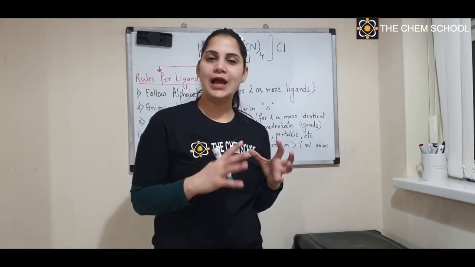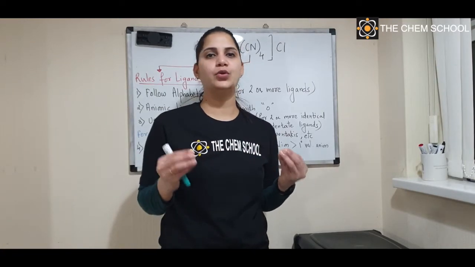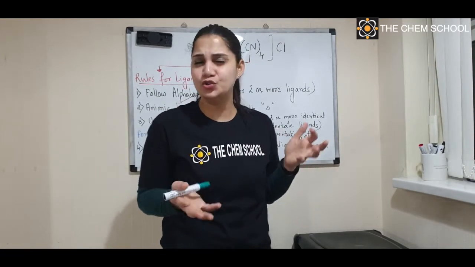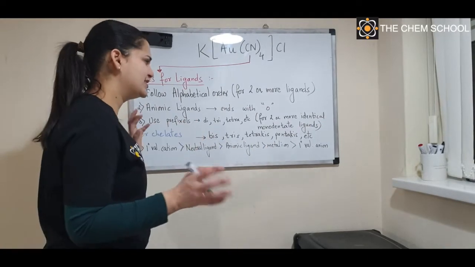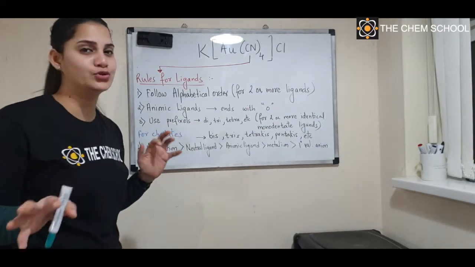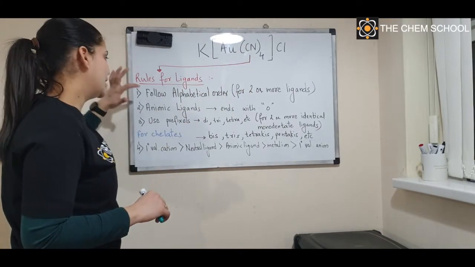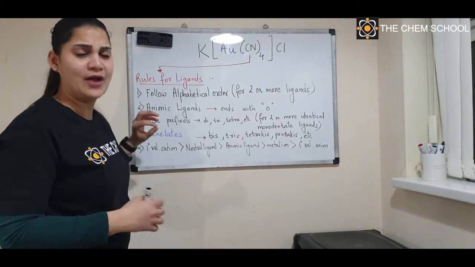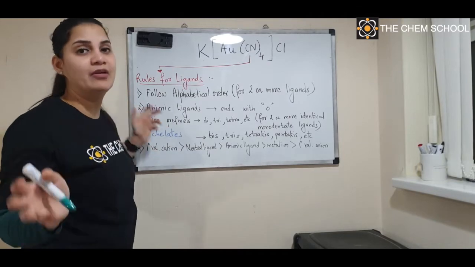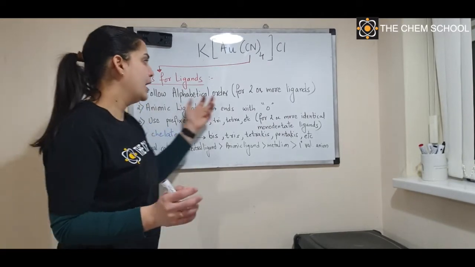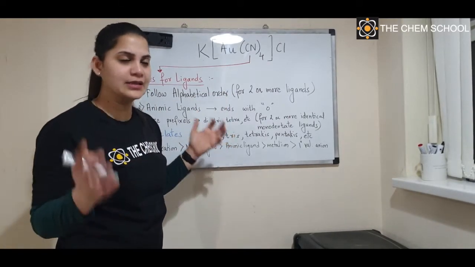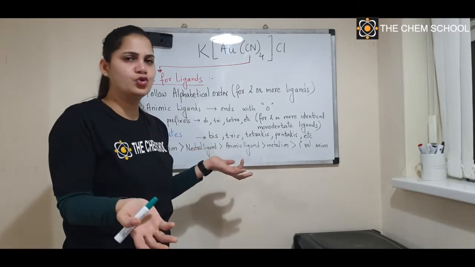Now while doing the IUPAC nomenclature, the maximum rules that you need to remember are for the ligands, and it is not that much also. Why? Just have a look. These are very simple and you know most of them. Now when you talk about the ligands, the first thing that you have to remember, I already said, is to write down the names of the ligands in alphabetical order. If you have 2 or more ligands, then you have to follow the alphabetical order. It's so simple, right?